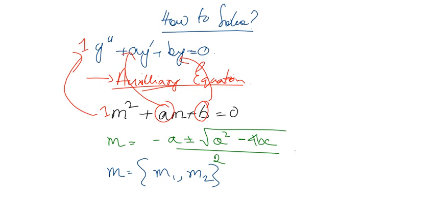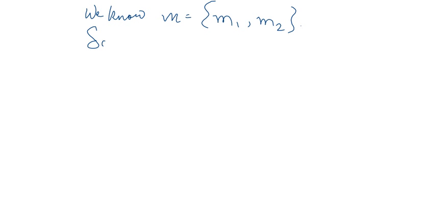So you have these two values to yourself, but how do we put them to use? That is a question in itself. Now that we know that m is equal to m1, m2, we can find the solution of the differential equation.